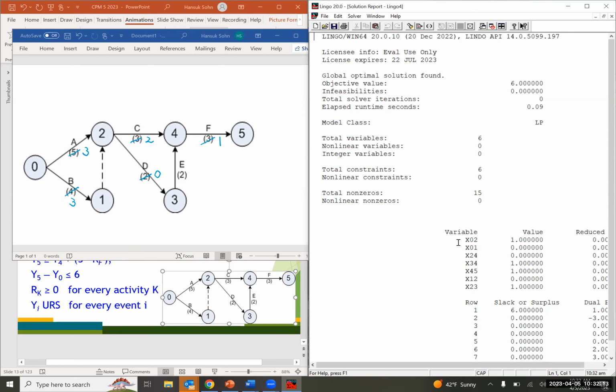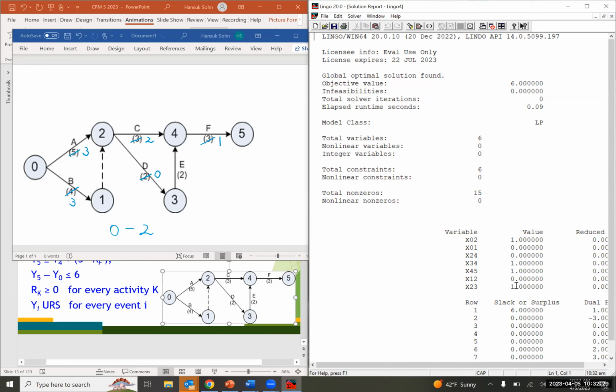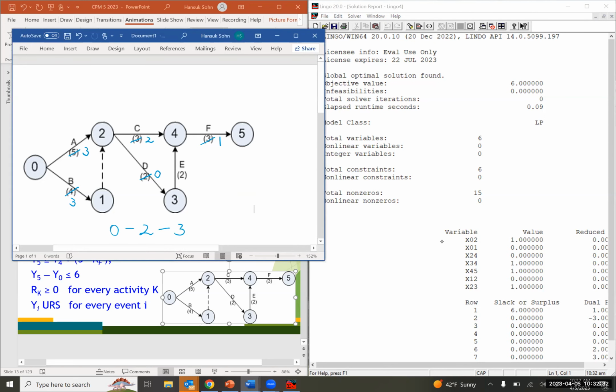And this dual LP tells us the critical path is going to be 0, 2, right? Because of this. And then 2, 3, 3, 4, and 4, 5, right? So this is our critical path, 0, 2, 3, 4, 5.